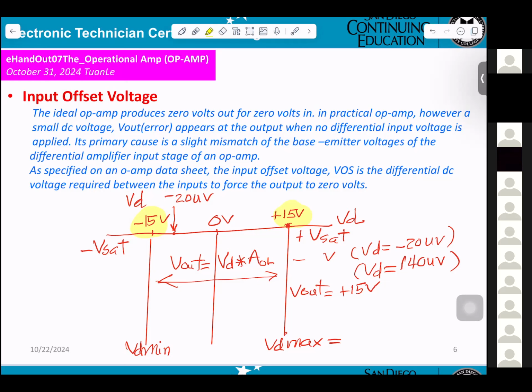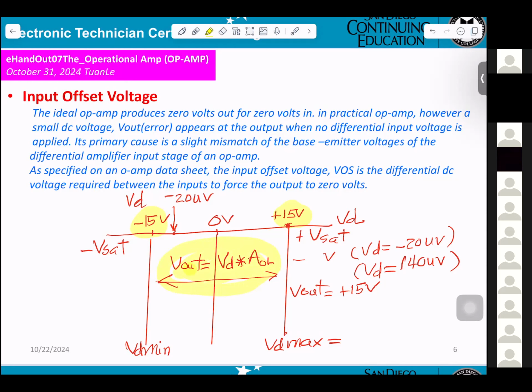Only if the voltage V out is a bit less than 15 or higher than minus 15 can you calculate it. That means V out equals VD times AOL.